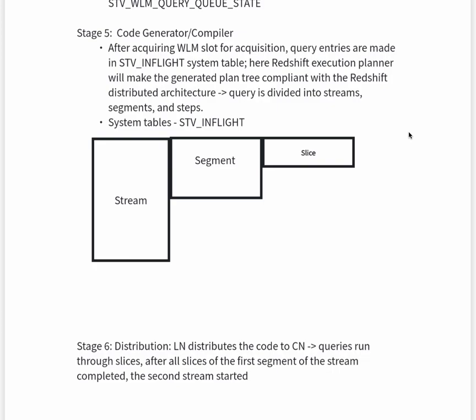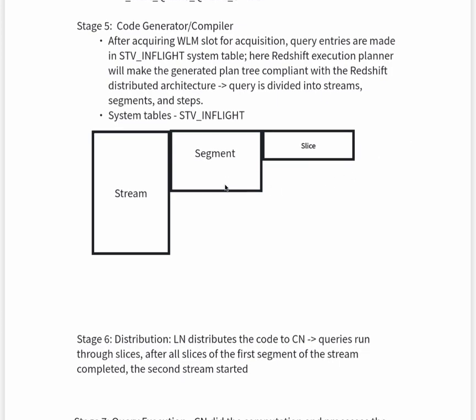For the code generator and compiler stage, I want to talk a little bit about segments. A segment is a combination of steps, where steps mean operation processes, for example, a select statement or query temp table. A slice is the most basic unit of computation resources, while a stream is a combination of segments.